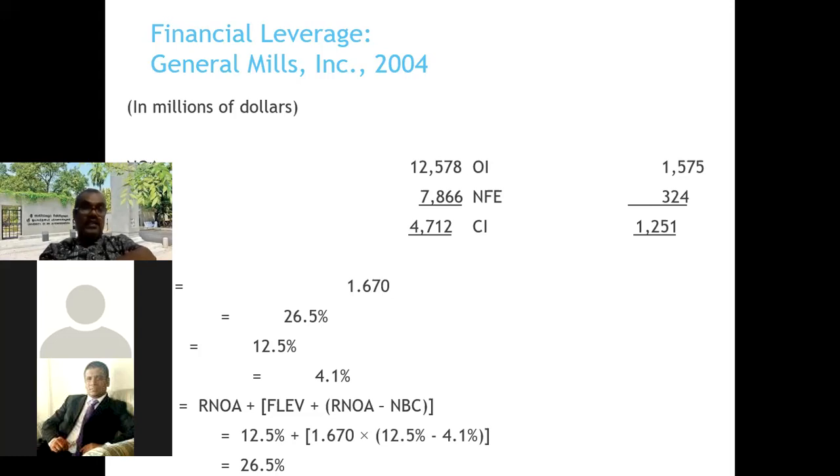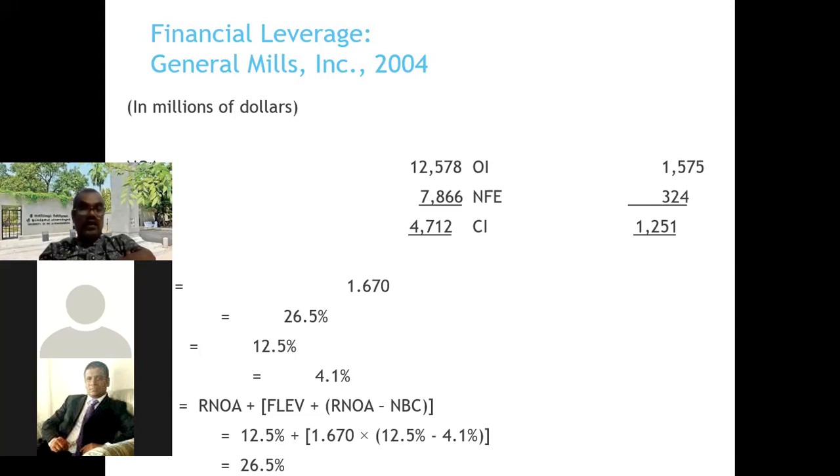In other words, it tells us that the multiplier is high, so that if there is a positive spread, there is a great chance for this company to increase its return on equity as a result of this borrowing. Even further borrowing could be recommended.